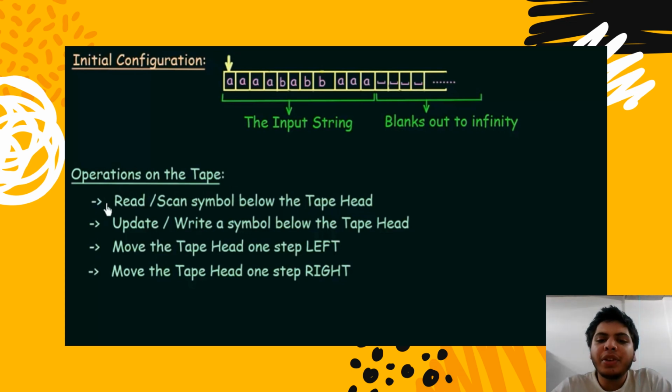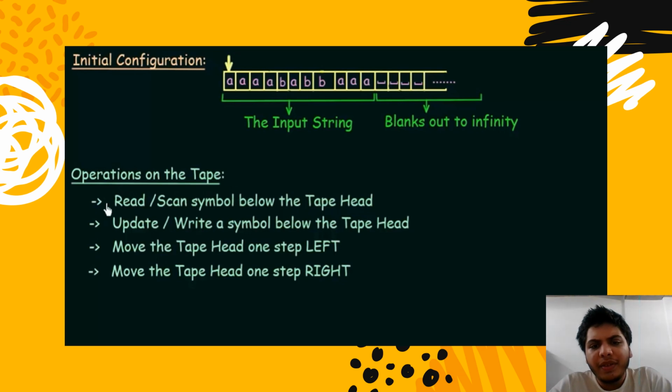So if you're having your tape head over here, I can read or scan the symbol which is present exactly below the tape head. The second operation which you can perform is update or write a symbol below the tape head.